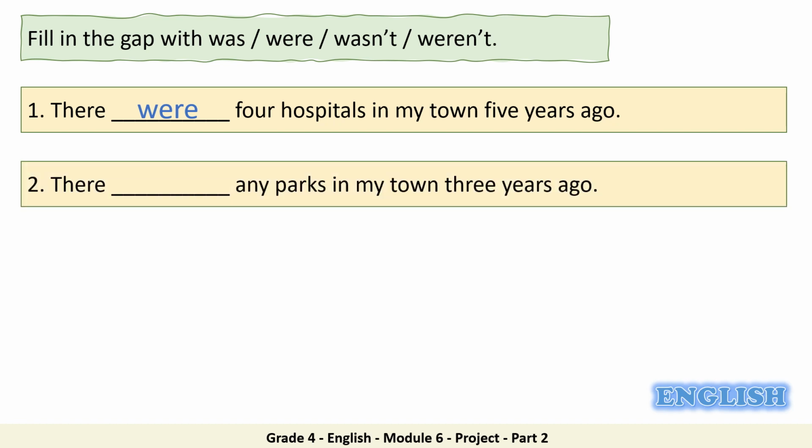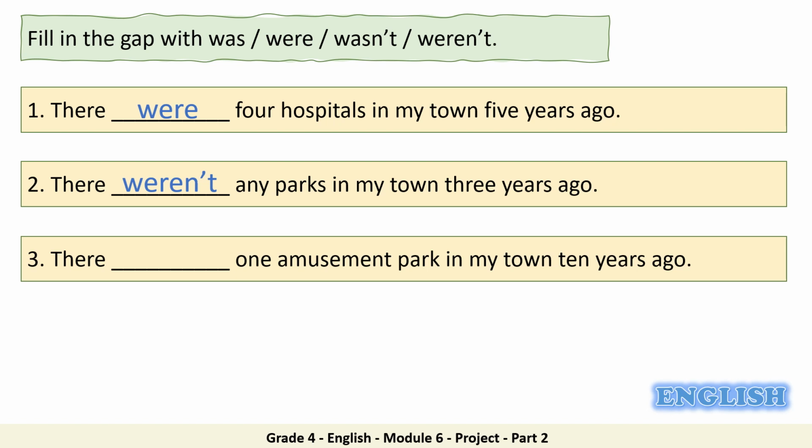Sentence number 2. There, space, any parks in my town 3 years ago. We have any and we have parks as more than one park, the plural. So we would say there weren't any parks in my town 3 years ago.